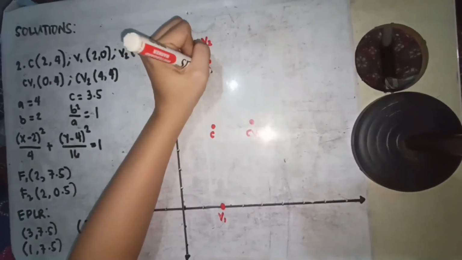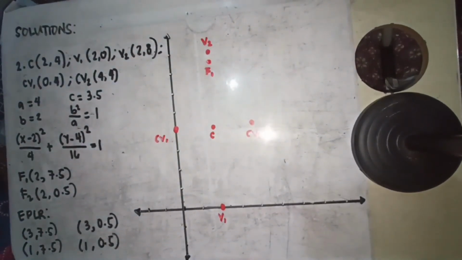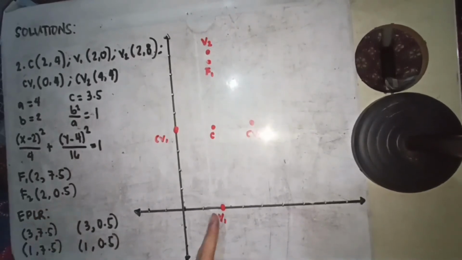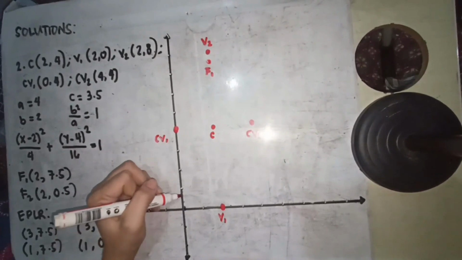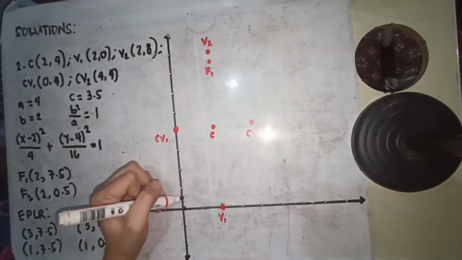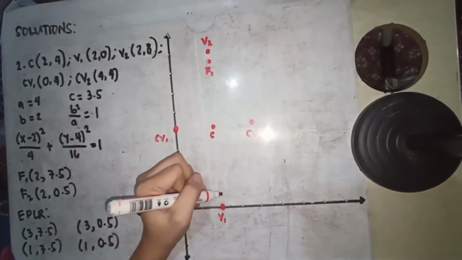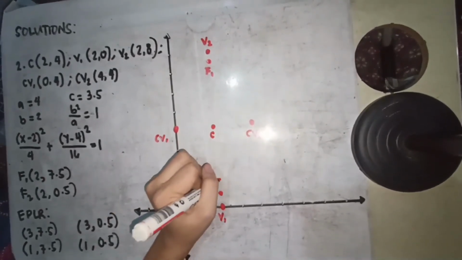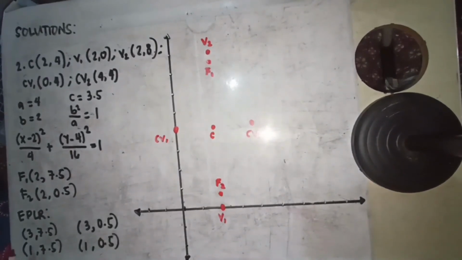This is F sub 1. Next, we also have our F sub 2, that is 2 and 0.5. So, 2 and 0.5, tunga-tunga ni 0 and positive 1. So, therefore, naa diri. Okay, approximately kini tunga-tunga. This is F sub 2.